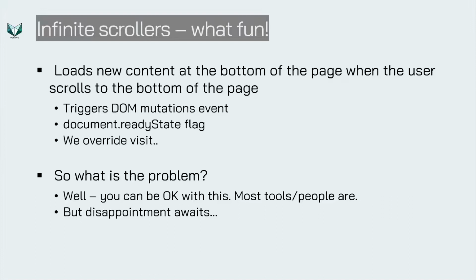And that would be the end of the talk, but it's not, because there's this thing called infinite scrollers, and infinite scrollers basically load content at the bottom as soon as you hit the bottom of the page, right? That triggers the DOM mutation event, so the page has changed, and the ready state flag changes, and we overwrite the visit, and then maybe that's okay.